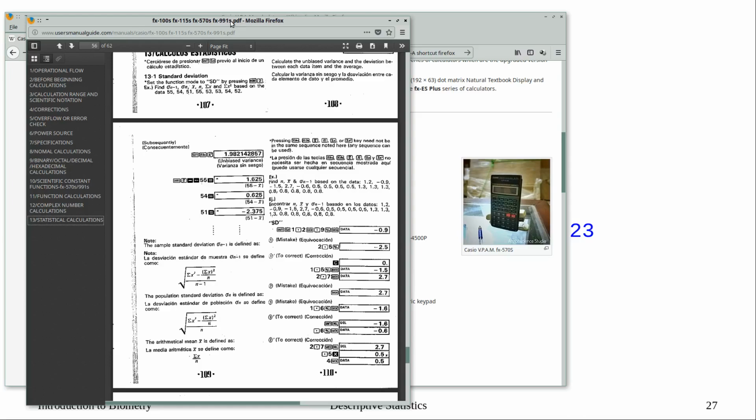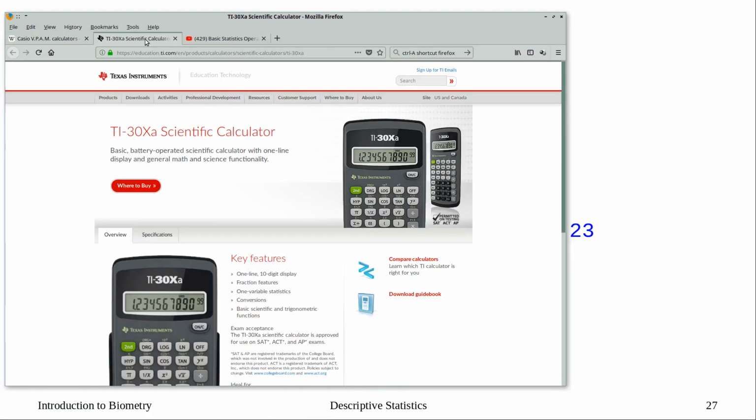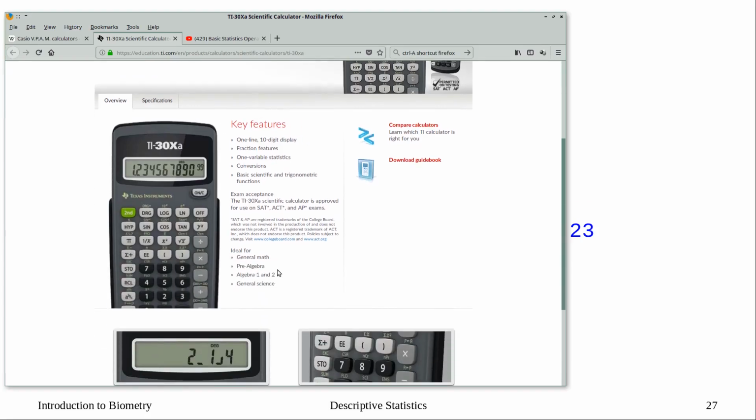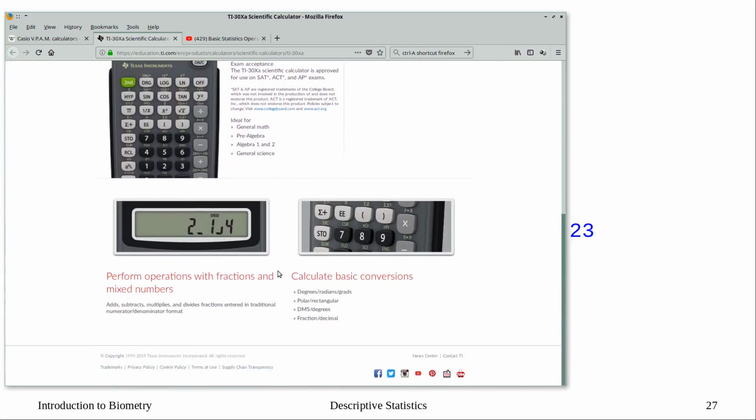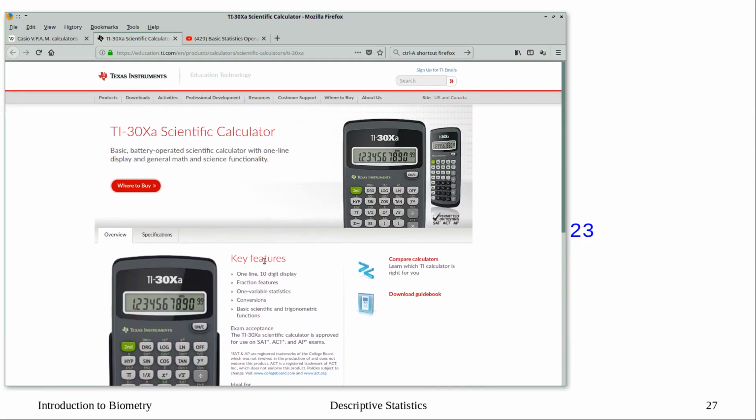Some students have this Casio or another model of Casio, and for the most part, all of the Casios work the same way. Another popular calculator that students have is the Texas Instruments calculator, especially this one, the TI-30XA. This can also do statistical calculations. How do you do it?